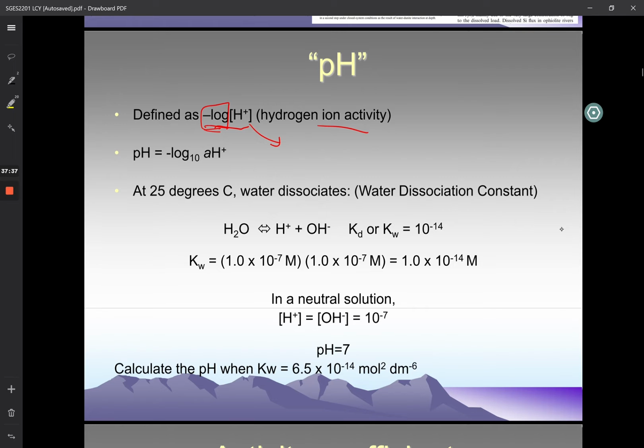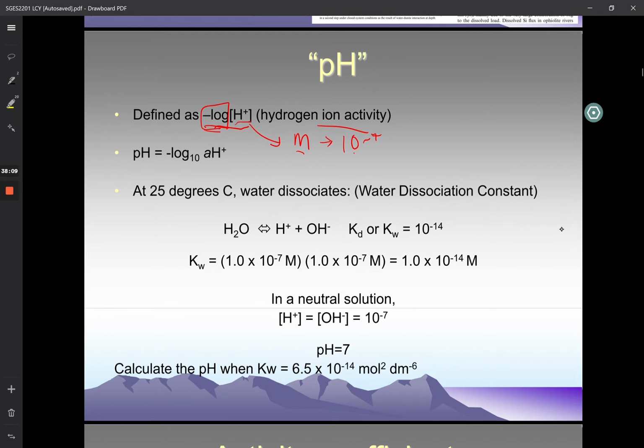And bear in mind the unit for the concentration here is molar. When it is in molar form, the concentration is often very small, about 10 to the power of -7.